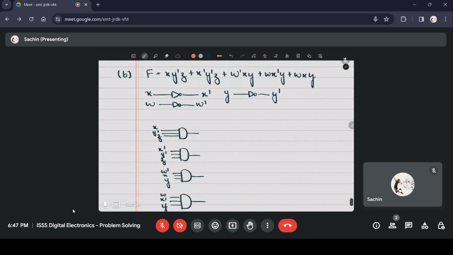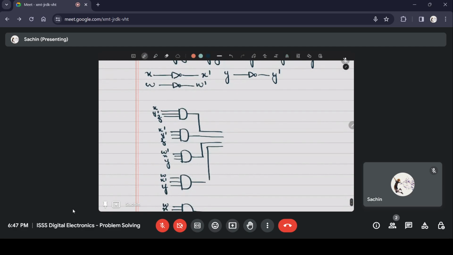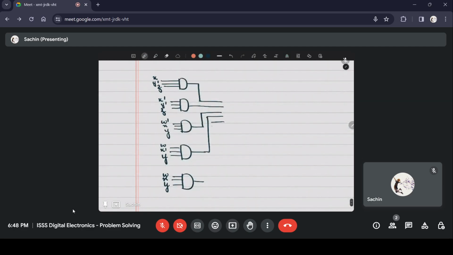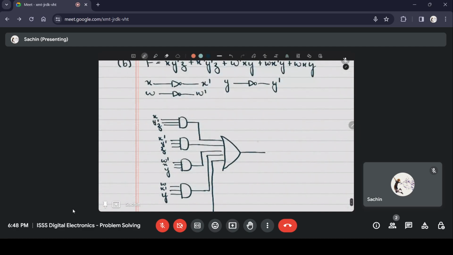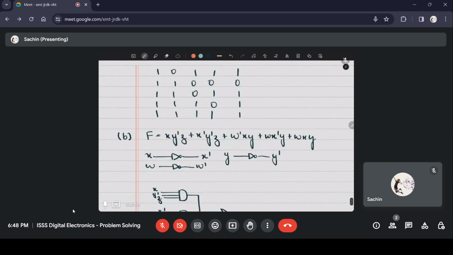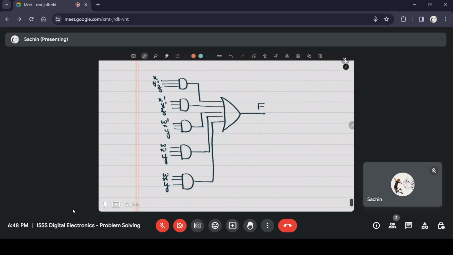Then the function is the sum of all these, so you will need many OR gates with less fan-in, or if you have one OR gate with a large fan-in, you can just use one OR gate to get the sum of all those terms, and that will be your function f. So 6 gates in total.